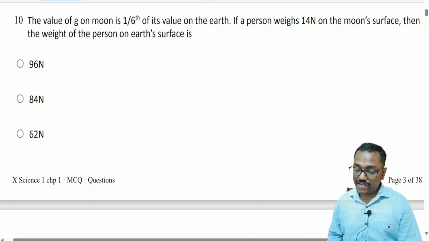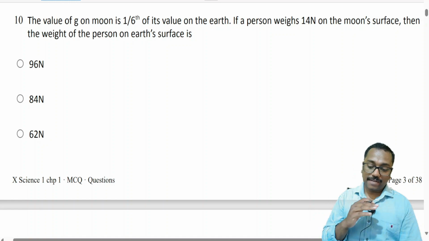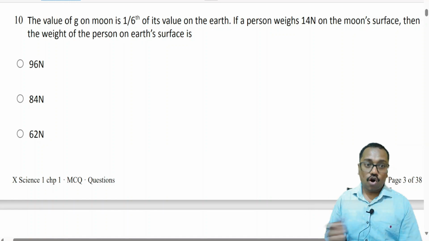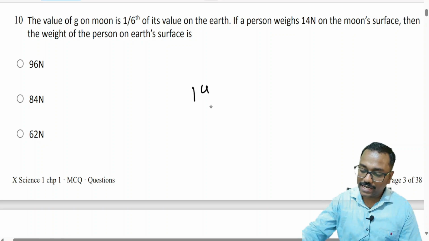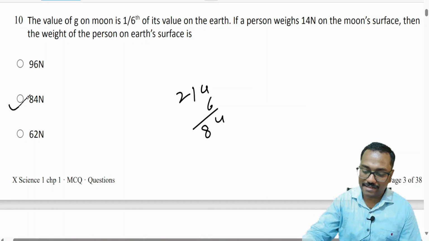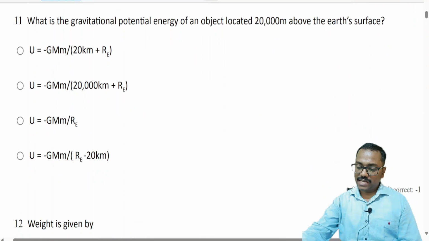If the person weighs 14 Newton on moon's surface, then the weight of the person on the earth is, now see students, on moon it is 1/6 of earth, that means the value of g, right? So on earth it will be 6 times. So here it is 14 into 6, which is 84. So its answer is 84 Newton.